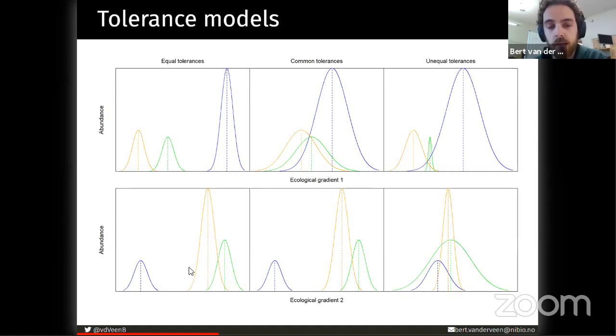And on the second latent ecological gradient, we have the same tolerances for all the species, but again, different optima and maxima. Then the middle column shows the common tolerances model, where we still assume the tolerances to be the same for all species on the same ecological gradient, but then on another ecological gradient to be different. And then we have the full unequal tolerances model, where maxima, optima, and tolerances are different for ecological gradients.